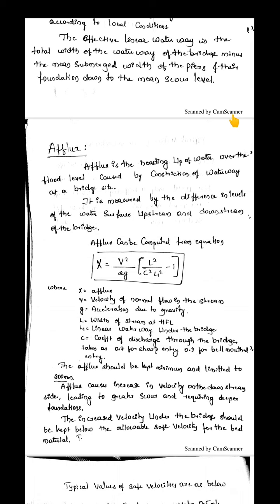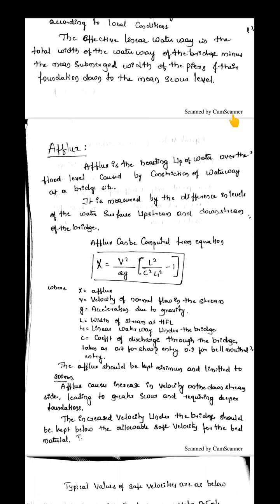The afflux should be kept minimum and limited to 300 mm. How much should we keep the afflux? Limited up to 300 mm. Afflux causes an increase in velocity on the downstream side, leading to greater scour and requiring a deeper foundation.